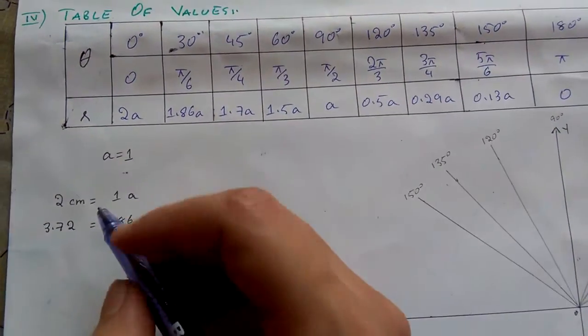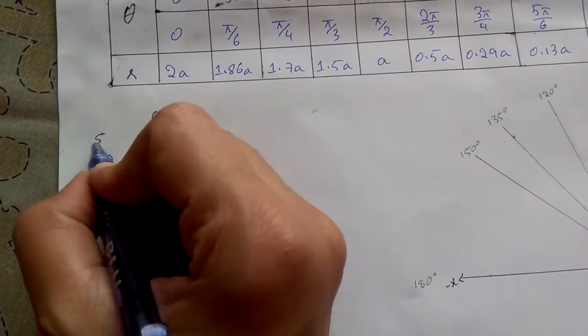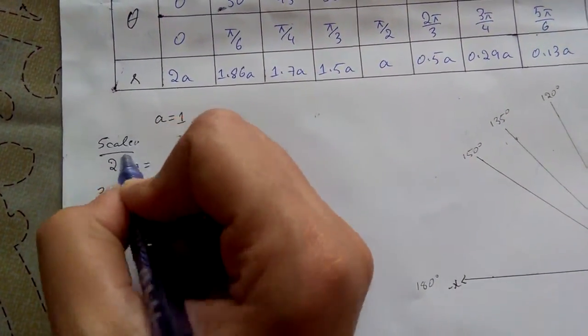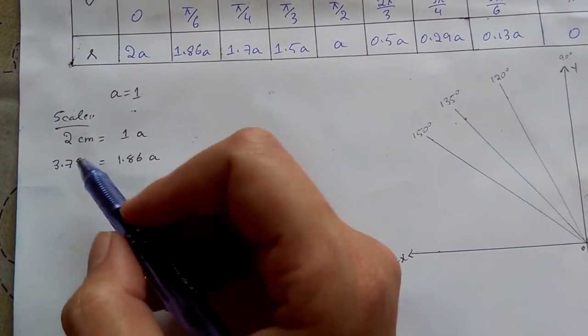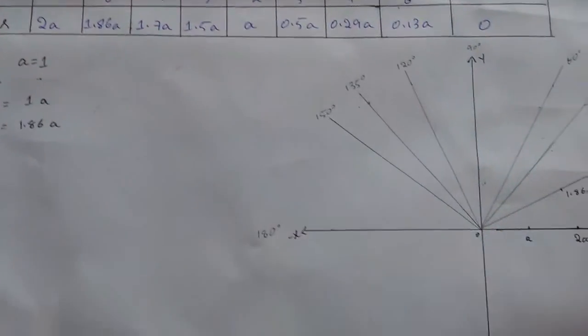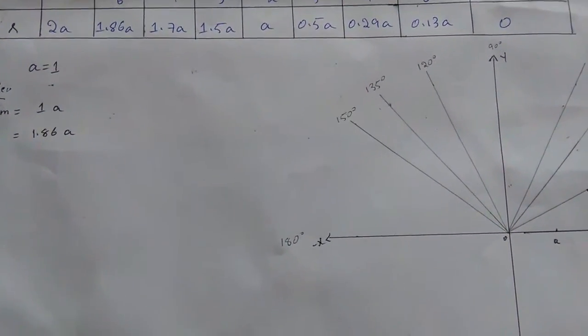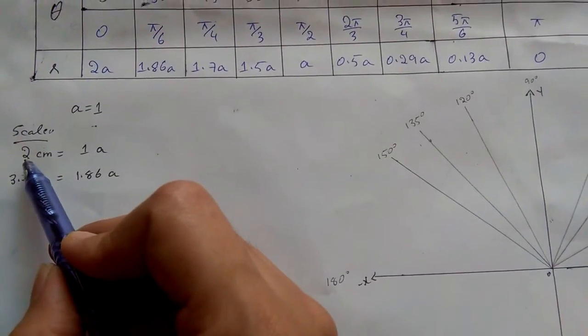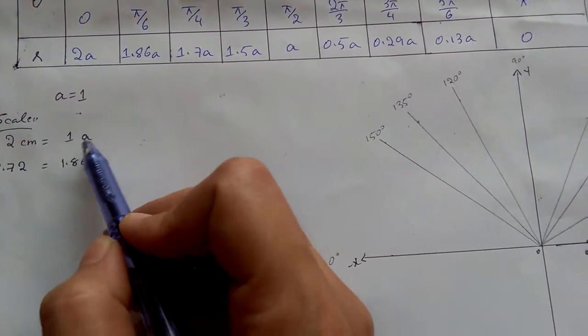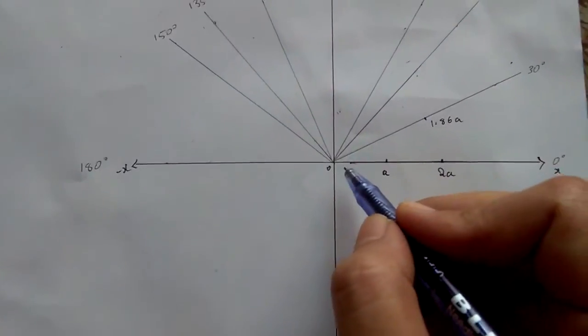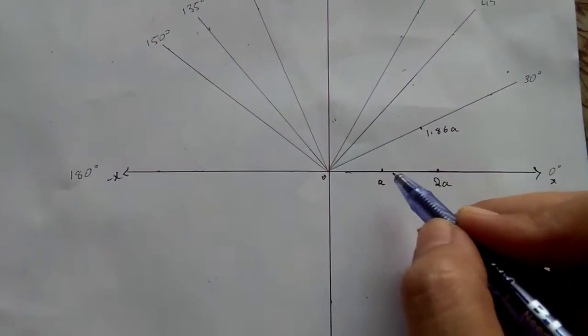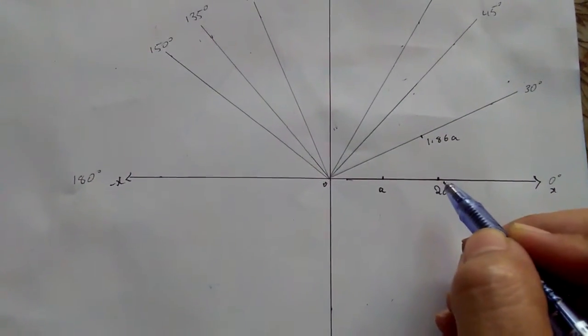Now we have to assign the scale here. So this is my scale. It's my choice how I select a scale that is suitable with respect to the length of the page. So you see, I've just taken 2 centimeters equals 1a. So 2 centimeters equals a, and this shows that 4 centimeters gives you 2a.